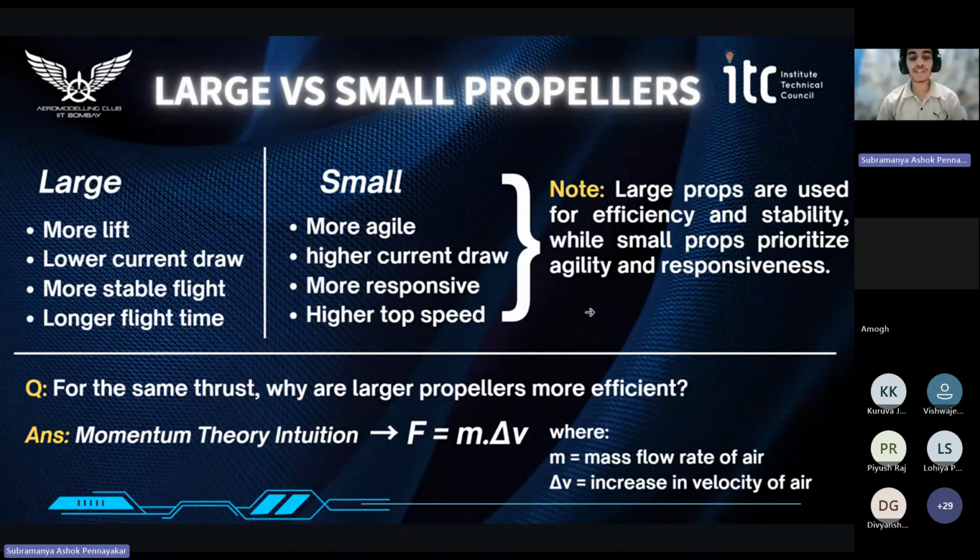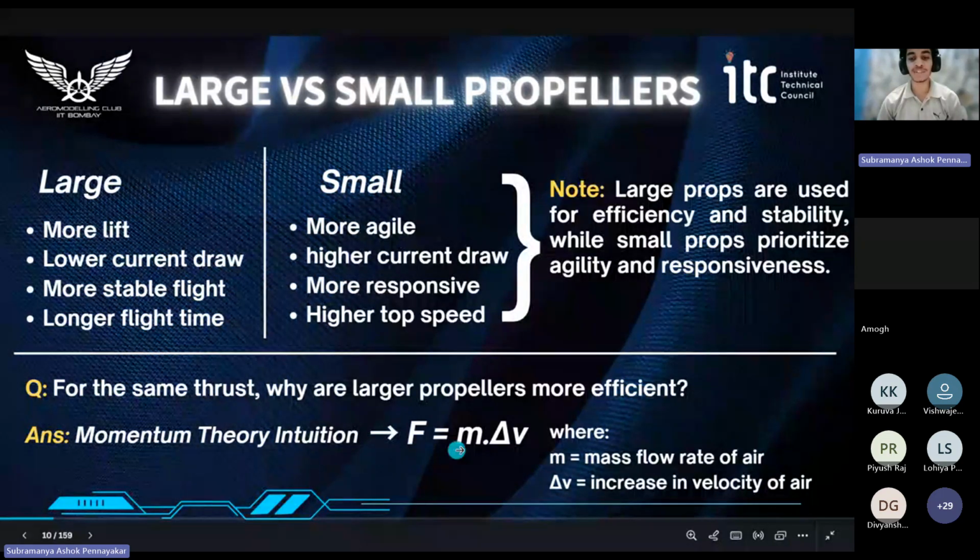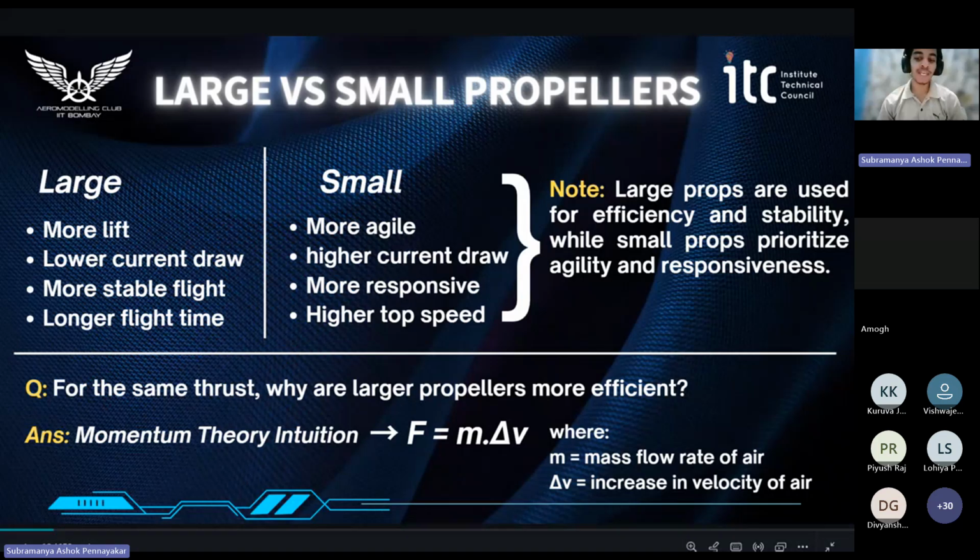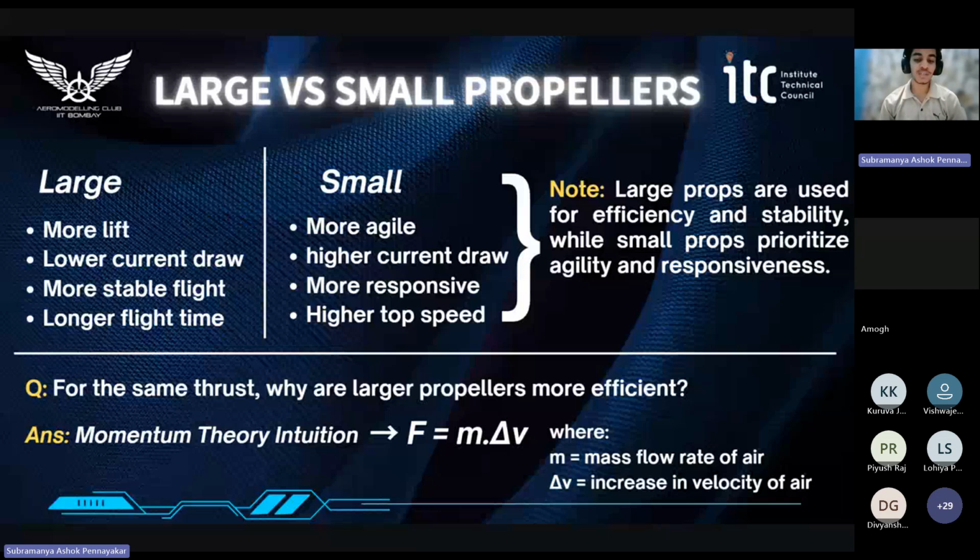You can see this using momentum theory intuition, where thrust equals mass flow rate of air into increase in velocity of the air. So basically, for the same thrust, you have two options here. Either you increase the mass flow rate of air and keep the change in velocity constant, or you keep the mass flow rate of air constant and increase the change in velocity.